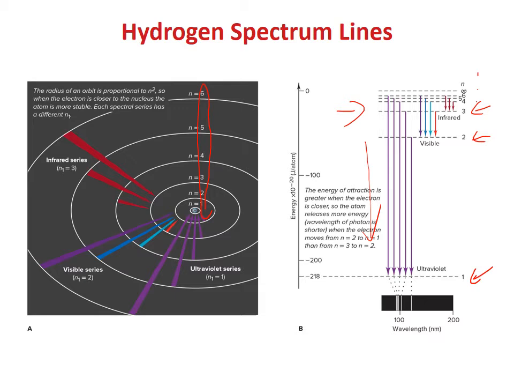For example, at the state n equals 2, going back to the ground state, it emits light with a wavelength right here. And from 3 to 1, it also emits light with a wavelength here.